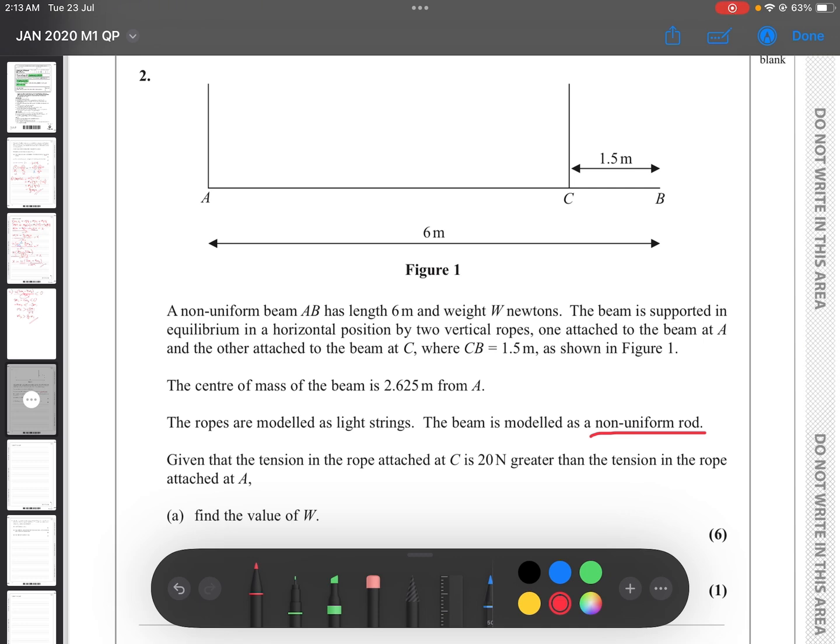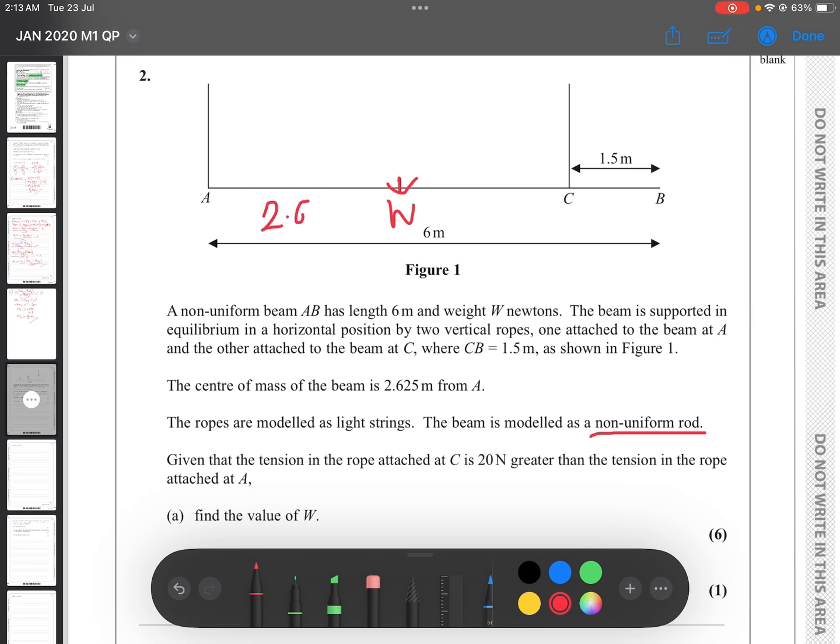So the center of mass, which means it's the weight of the beam, is 2.625 meter from A. So I'll take it around here and I'll write it as W, and it acts downwards.